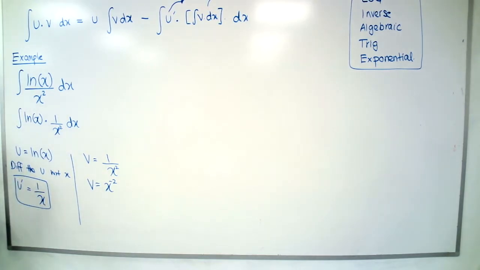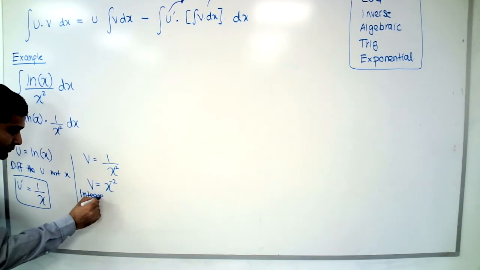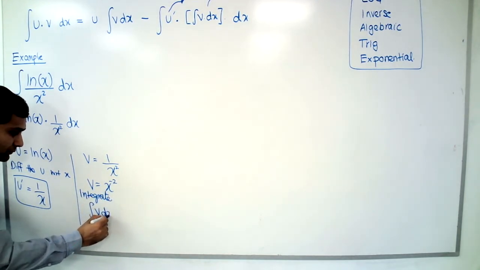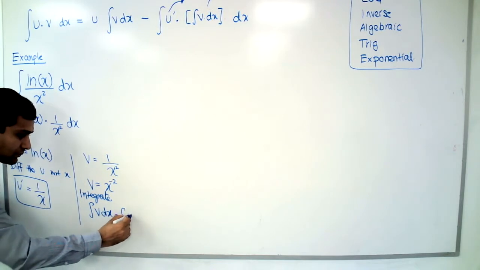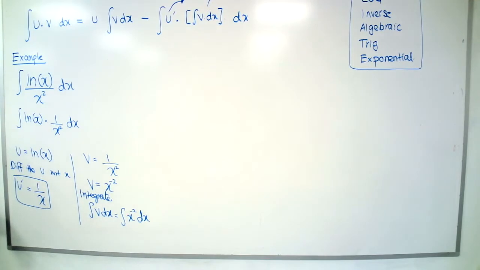Now I need to integrate the other side. The rule of integration is: whatever the power is, here minus 2, you add 1 to the power and divide by the new power.